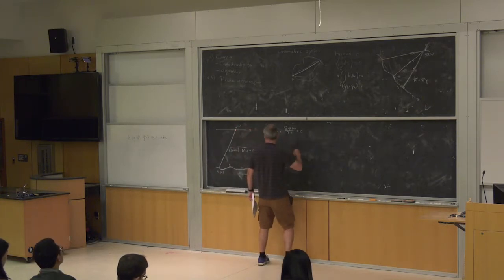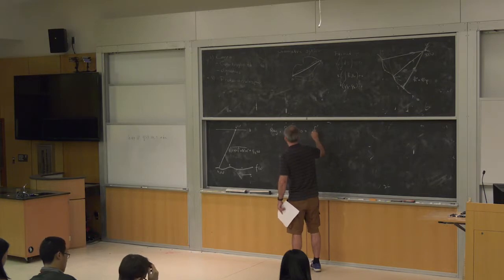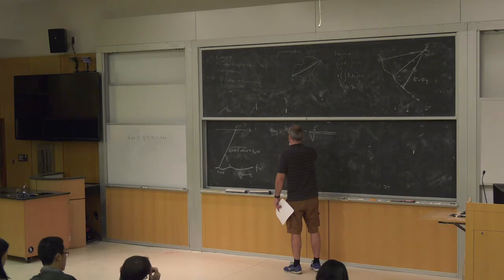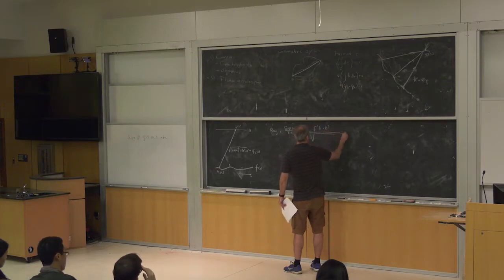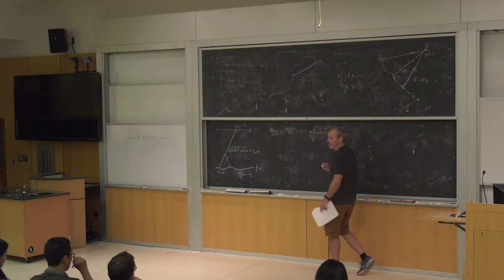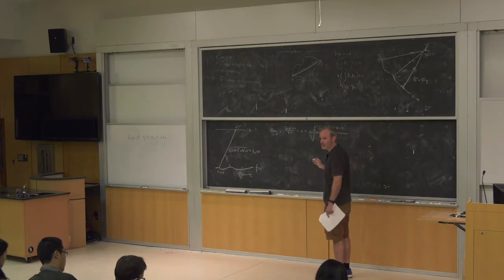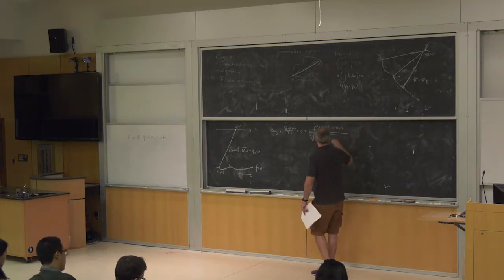So what does it give us? f prime over the square root, minus z, like that. Make sense? Okay.